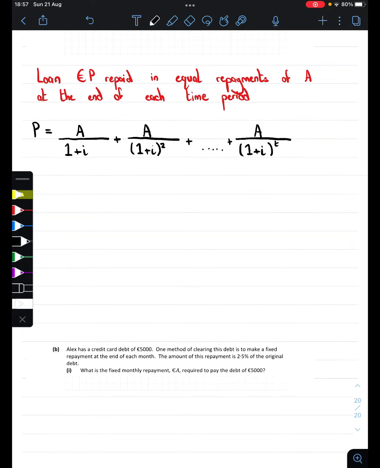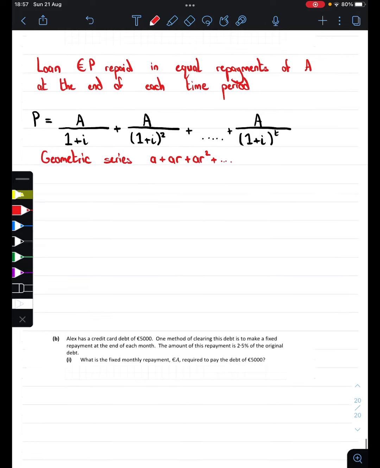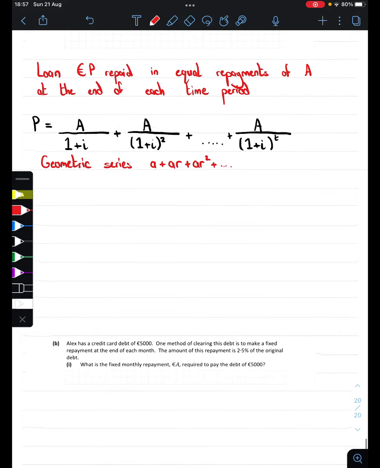Okay, so a geometric series is of the form A plus AR plus AR squared plus and so on. So there's a starting term and then there's a common factor.